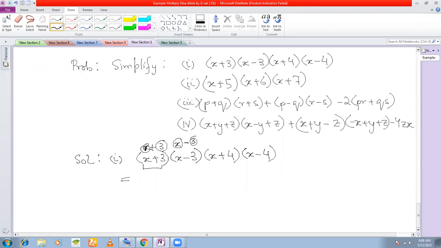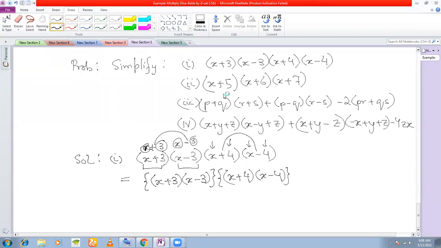So these two terms differ only in this negative sign, isn't it? So we'll take them together. Similarly, the next one, this x is here, this 4 is here, and they only differ in the negative sign, right? So we'll take them together. Clear?